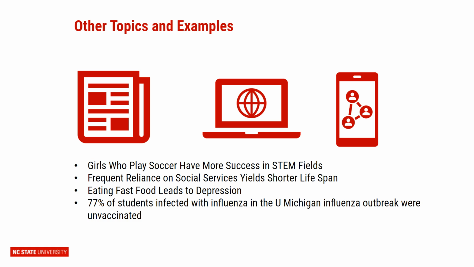And here's an example where quantitative reasoning is needed to identify missing information: 77% of students infected with influenza in the 2021 University of Michigan influenza outbreak were unvaccinated.